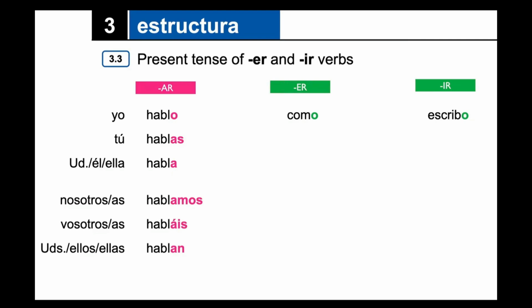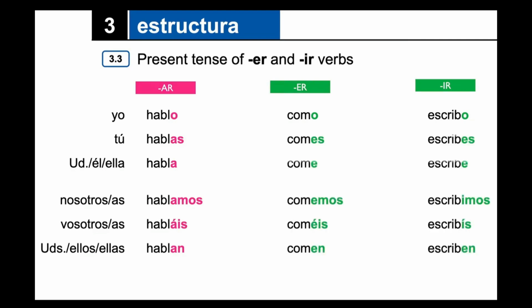Now let's take a look at the other ones. Let's take a look at ER verbs first. If you look at AR, you see that the endings are as, a, amos, áis, an. All of them start with a because we're conjugating for ar. If you come to this column and you take a look at the endings, they are the exact same endings, but this time we changed to e.